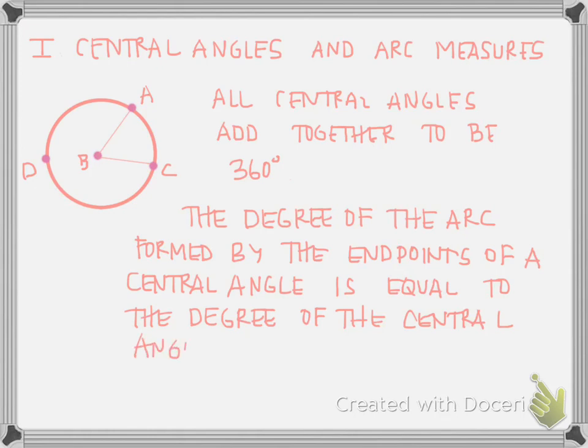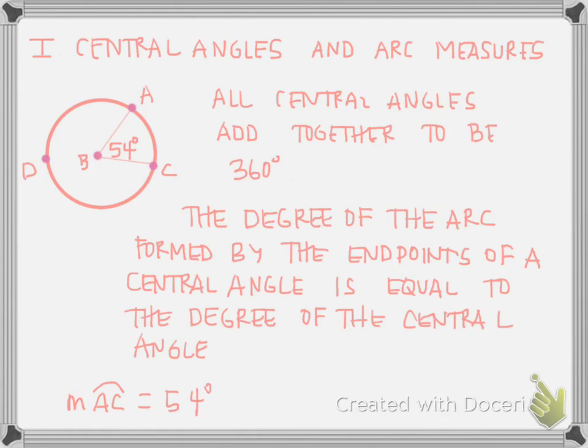So what that means is, let's just say that the measure of arc AC, that's a small angle, let's say that it was 54. So the measure of arc AC, remember we call it like that, is equal to 54.